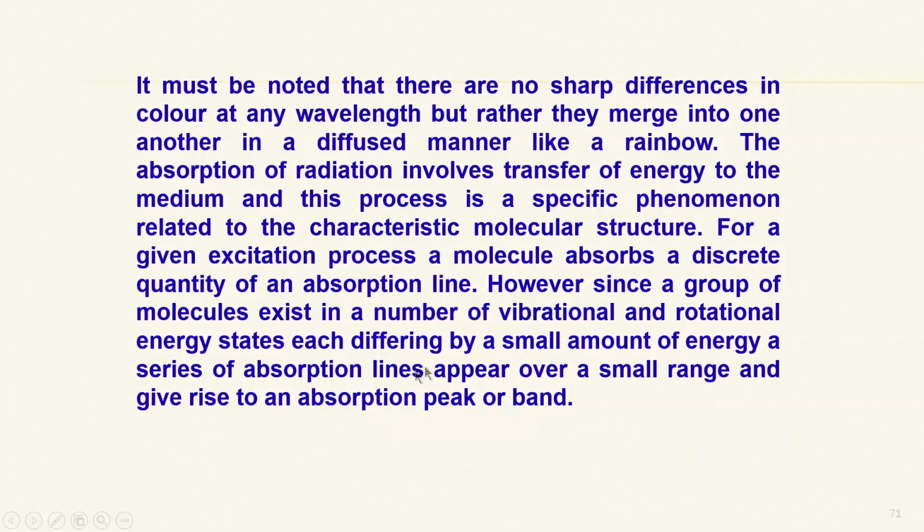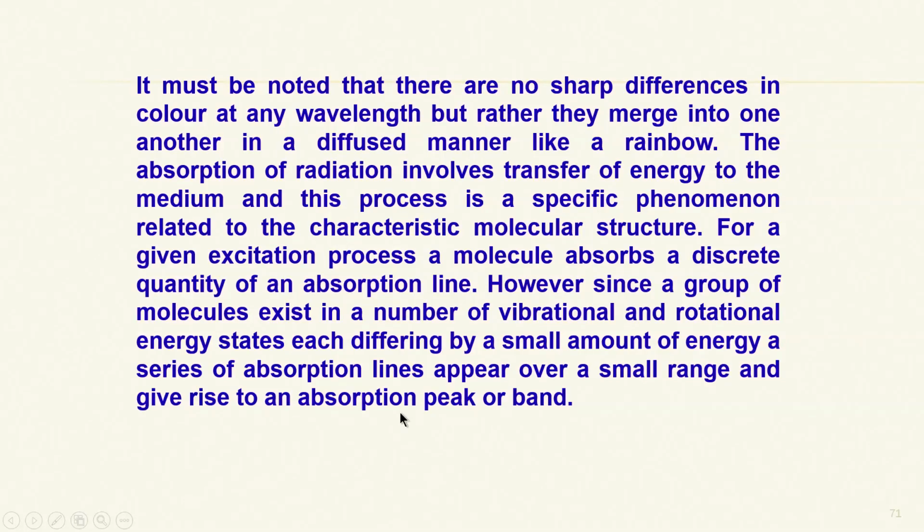The molecule at lower energy will appear a little lower. So, with the result that we have a figure like a peak, and that is the reason why, instead of a single absorption line, I see a peak appear over a small range that gives rise to an absorption band.